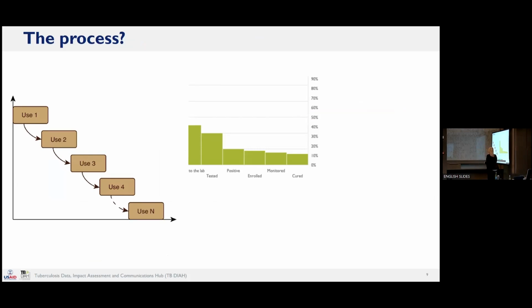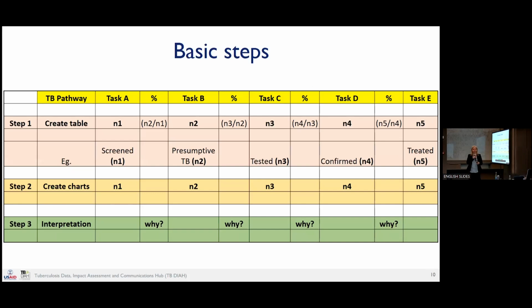Now, this is the process that is shown by step, and this cascade can have any information regarding screening, then tests, and information about those enrolled, who were attached to care, so they started treatment, and then were successfully treated, right?